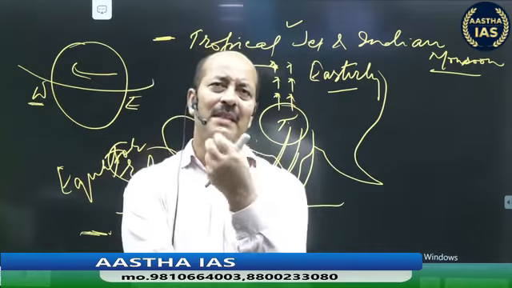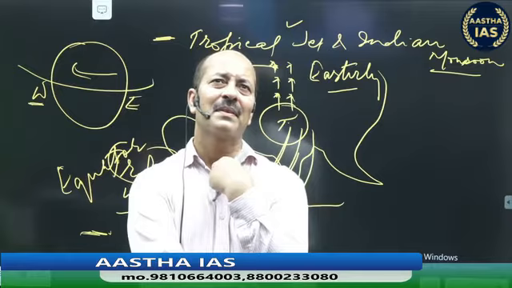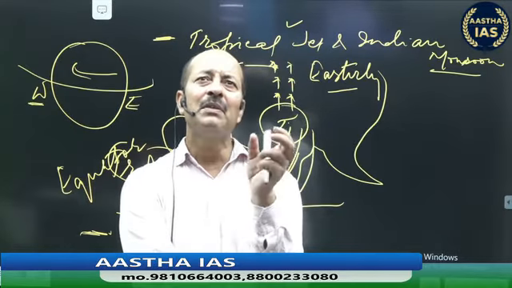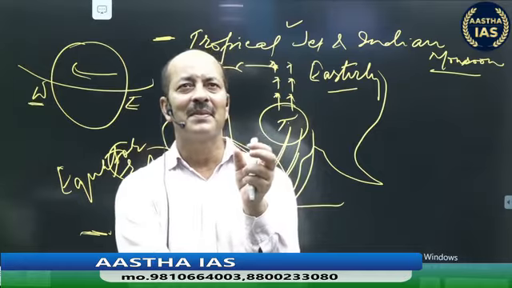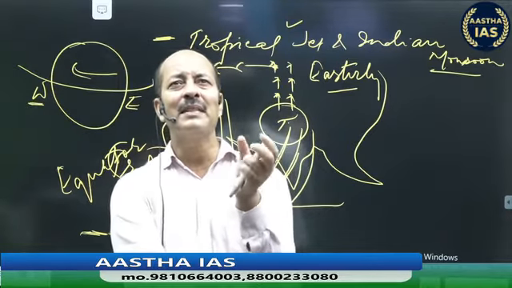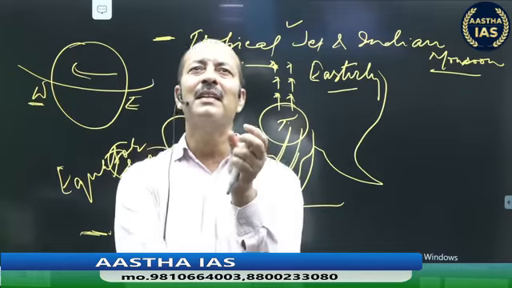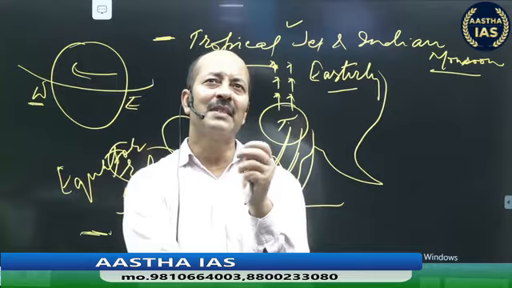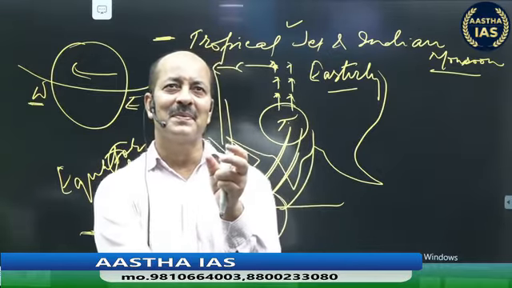It is also named as equatorial westerlies. The second name of Indian monsoon is equatorial westerlies. Or you can say tropical westerlies.